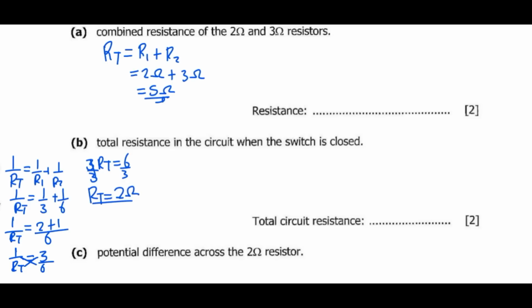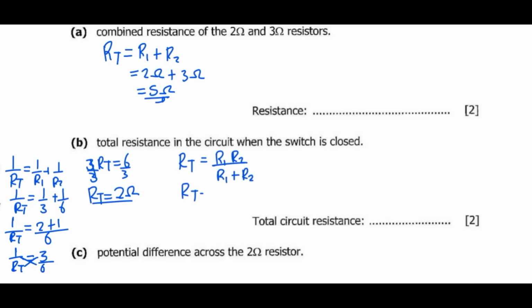So for the two that are connected in parallel, the total resistance is just 2 ohms. Then for those that may be familiar with this formula, you can say RT is equal to R1 times R2 over R1 plus R2.